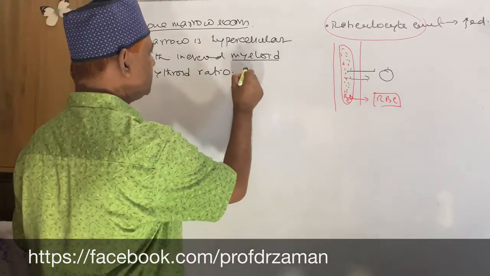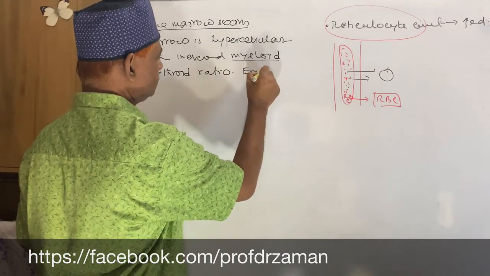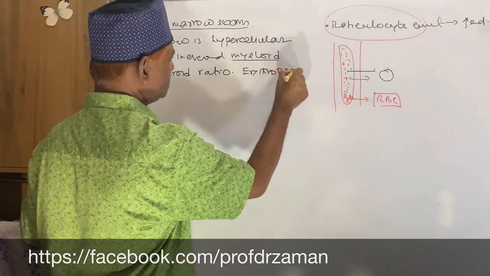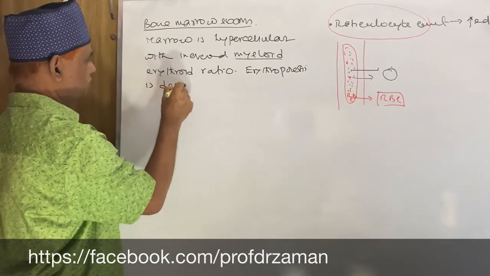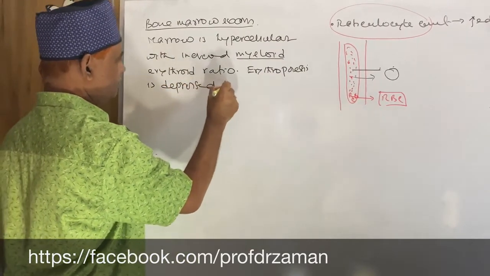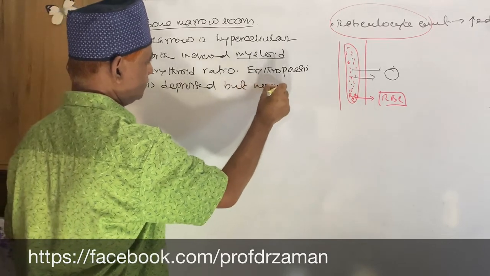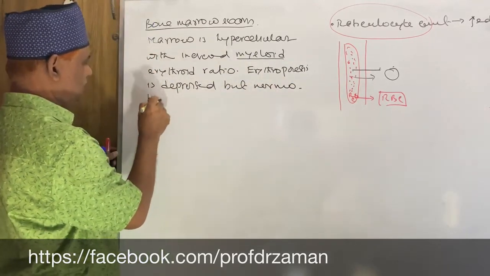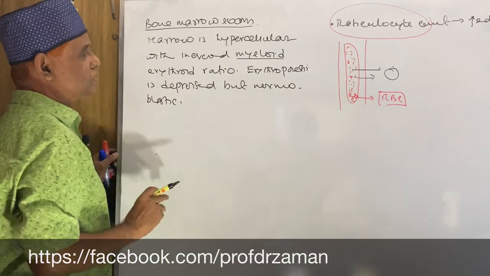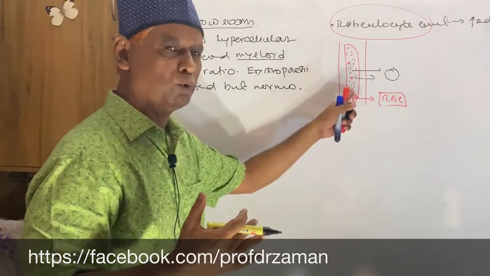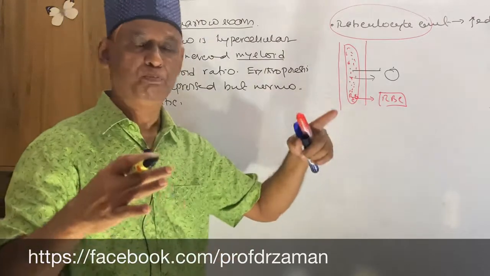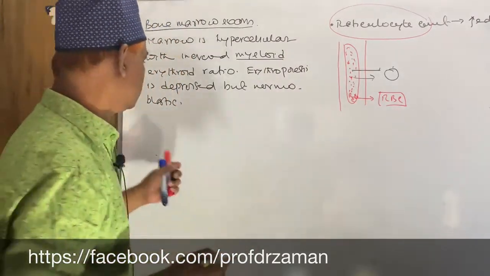Then erythropoiesis. Erythropoiesis is depressed but normoblastic. Dear audience, as it is a disease other than the RBC series in the bone marrow, erythropoiesis is depressed but it is normoblastic.